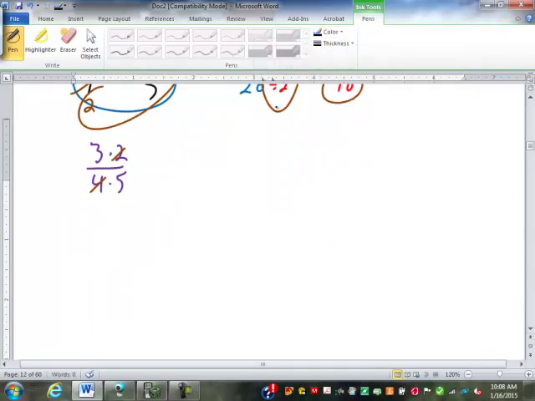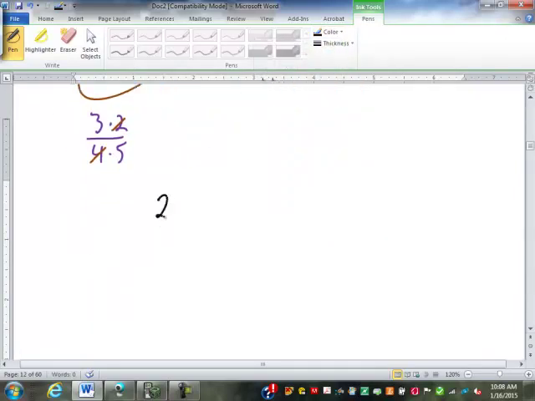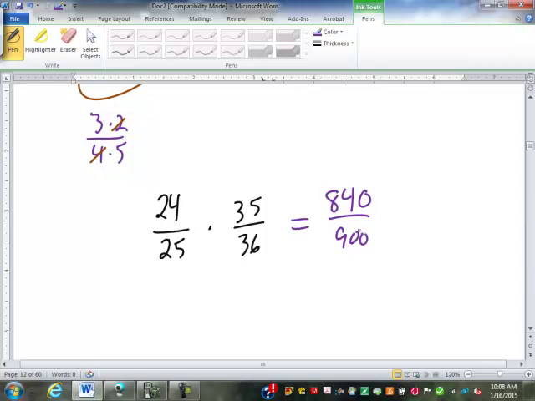But we can run into problems like this. 24/25ths times 35/36ths. If we were to multiply this out, this is going to be 840 over 900. And then you'd have to reduce that. Or we could look at this and realize 24 and 36 can both be divided by 12.